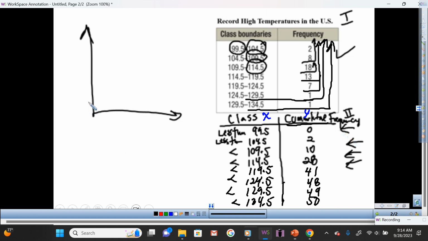So then we start at 10, 20, 30, 40, 50. Some of you wanted to go by 5. You can do that as well. And once again, this is our cumulative frequency.